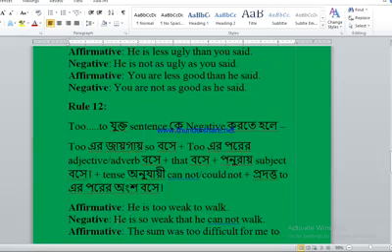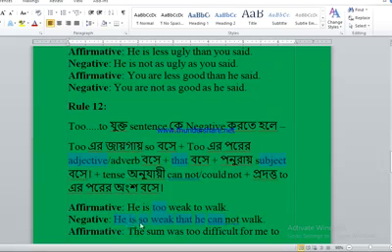First you will write the subject, then you will write is, that means the verb, then you will use so instead of too, then you will use the adjective weak, then you will use that, then you will use the second subject, then you will use can, because here you have used is.